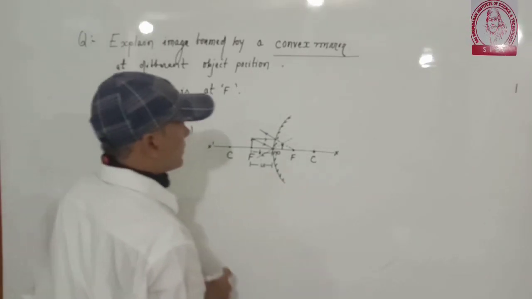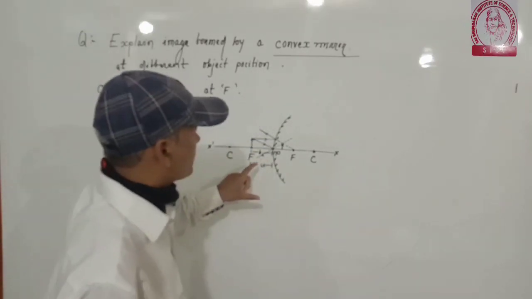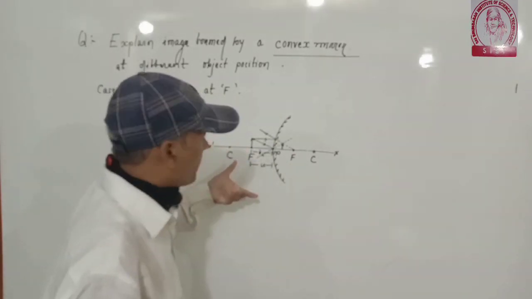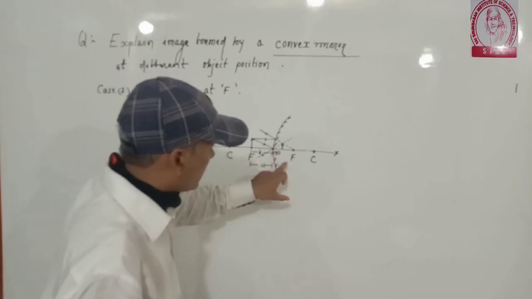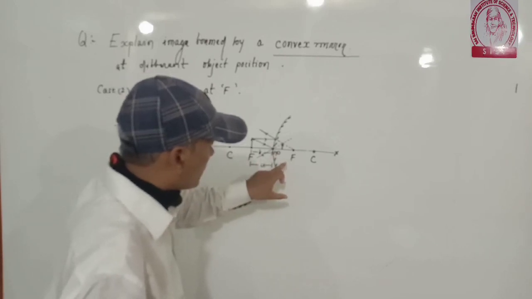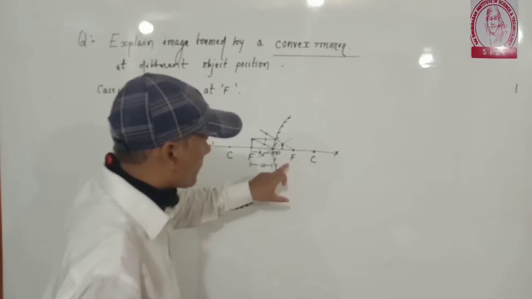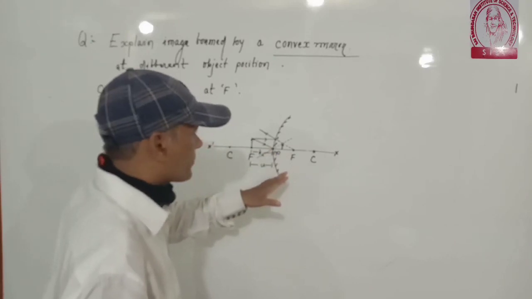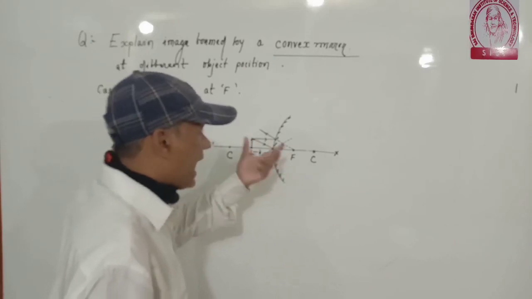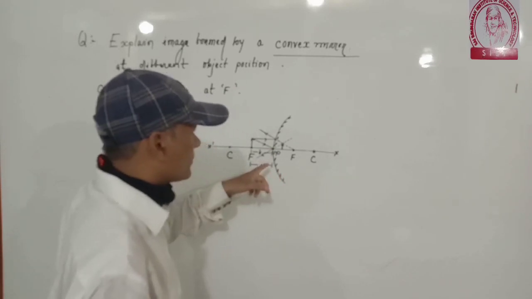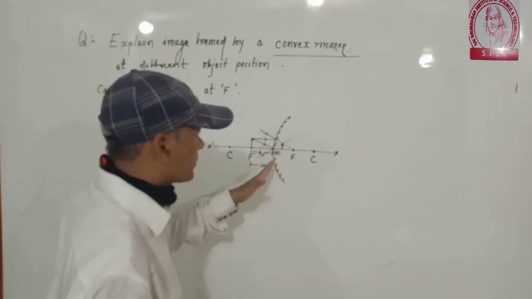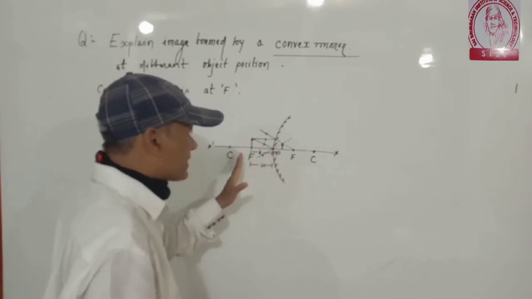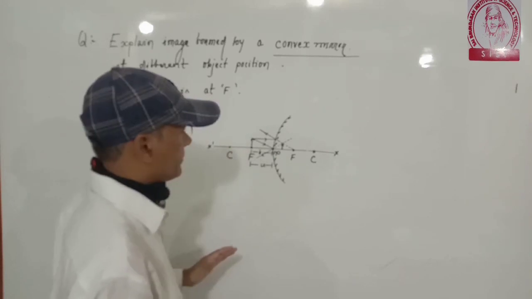Always you remember, if it is a divergent case, then the principal focus, which helps to form the image, is always positive if the object is negative.